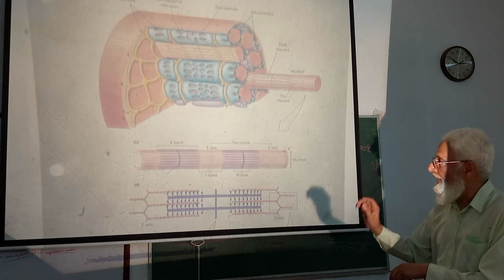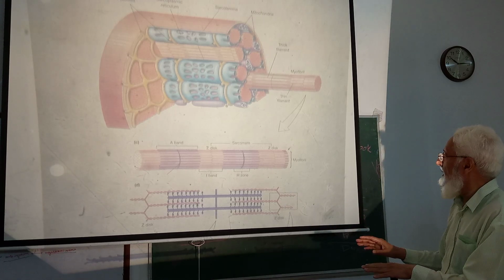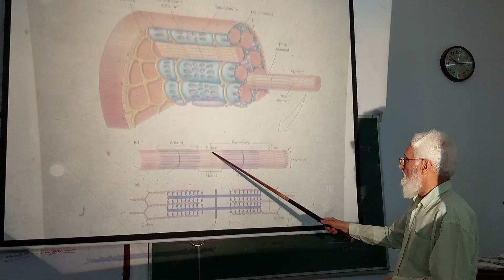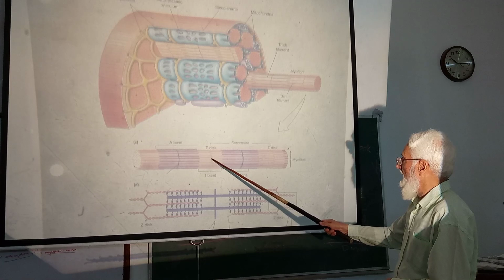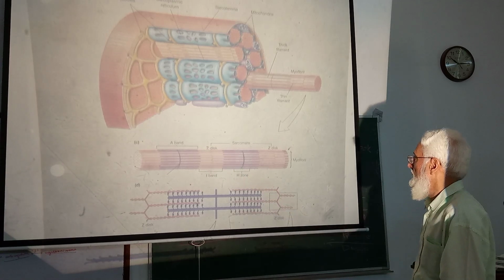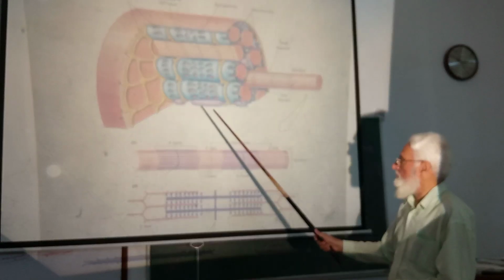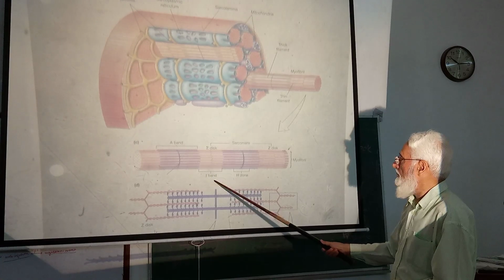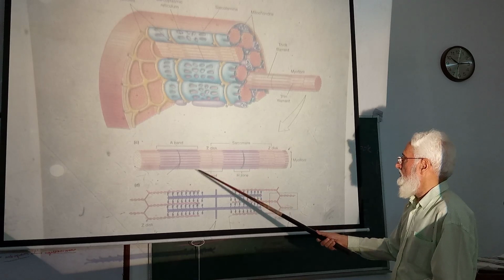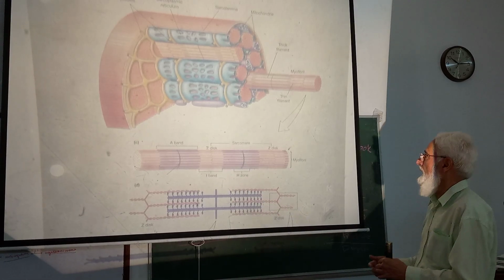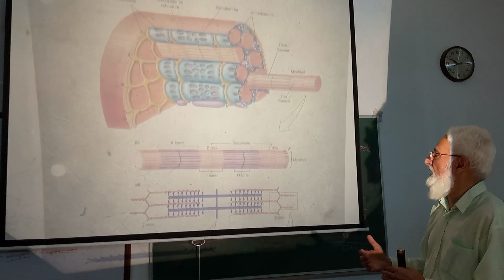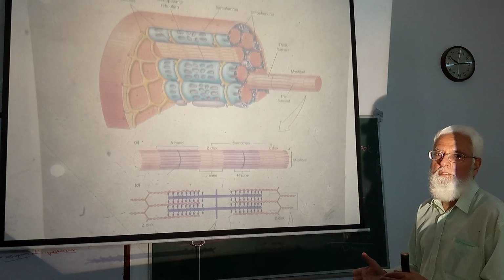The A band is also called the dark band, and the I band is also called the light band, and these alternate. The dark and light bands alternate, and these give transverse striations or cross striations to the skeletal muscle.